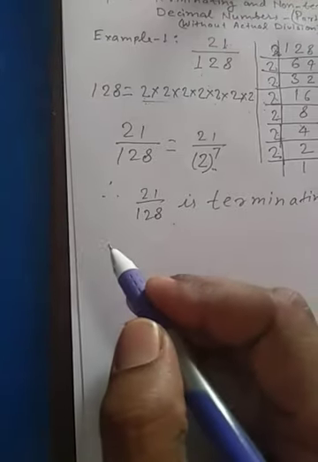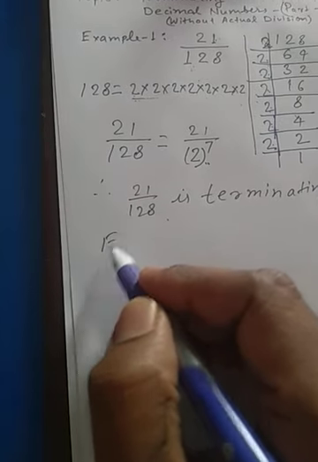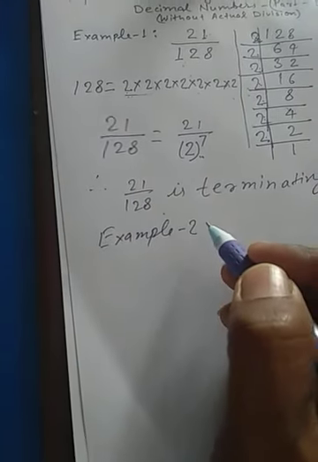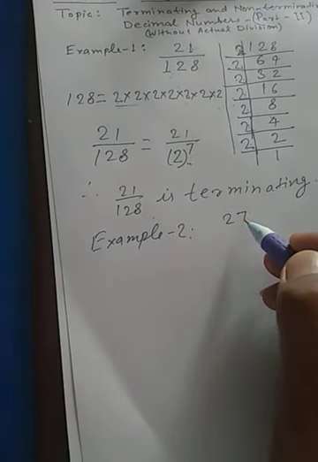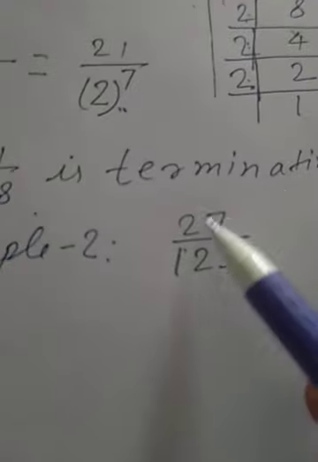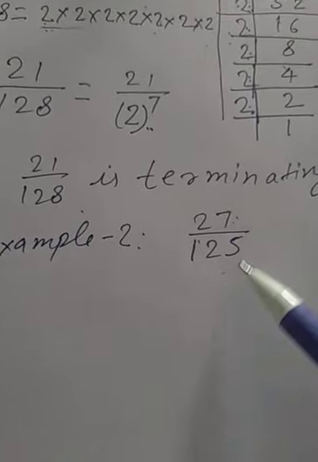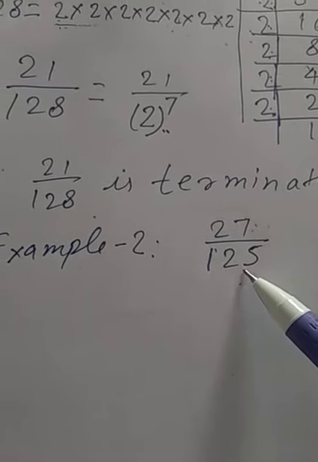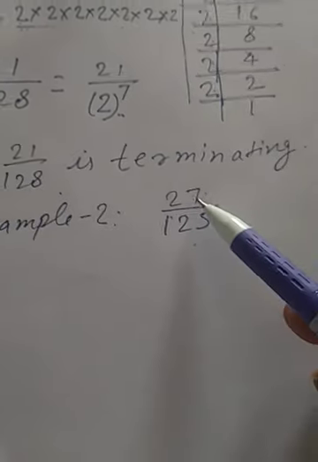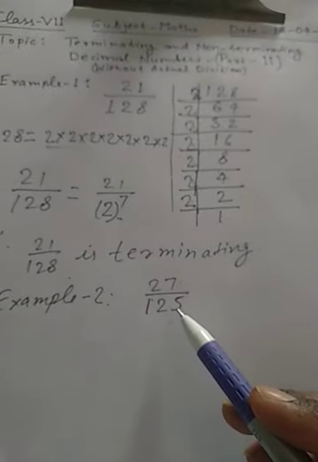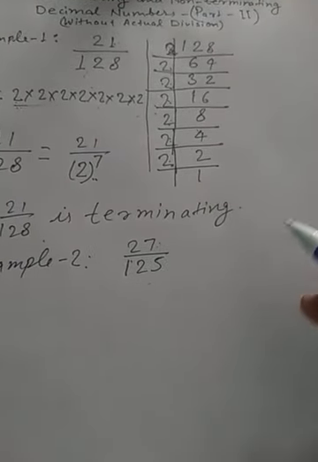I am taking another example. Example number 2: 27 by 125. Here we have to check if it is reducible. We have to reduce it. But here the denominator is divisible only by 5 and the numerator is divisible by 3, so it is not reducible. So we have to find the prime factorization of the denominator, that is 125.